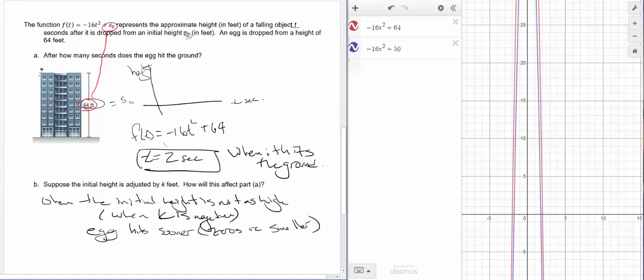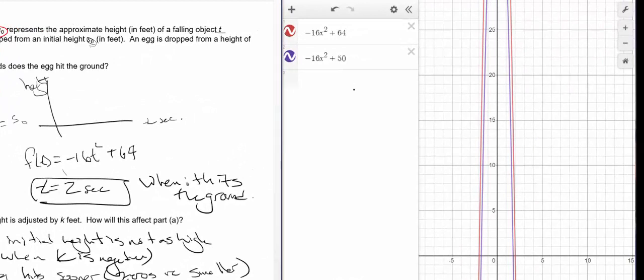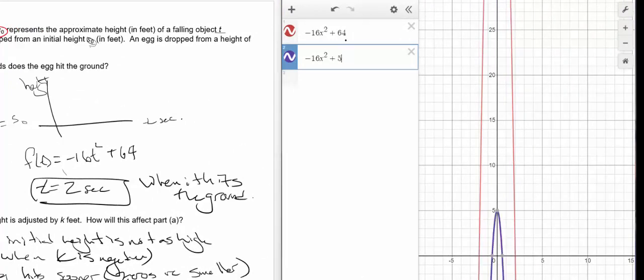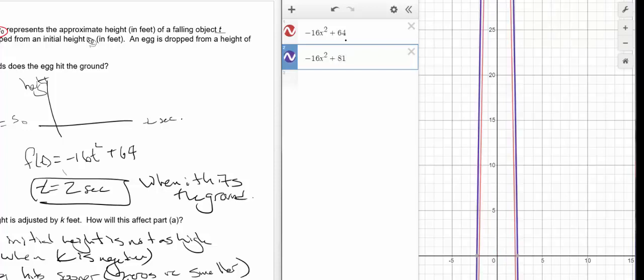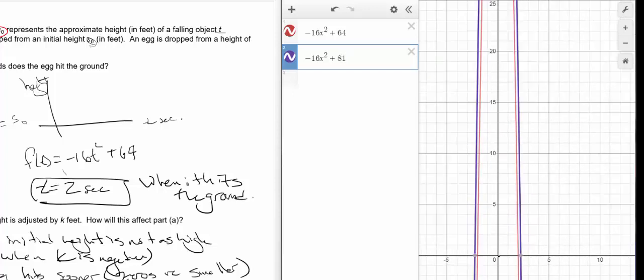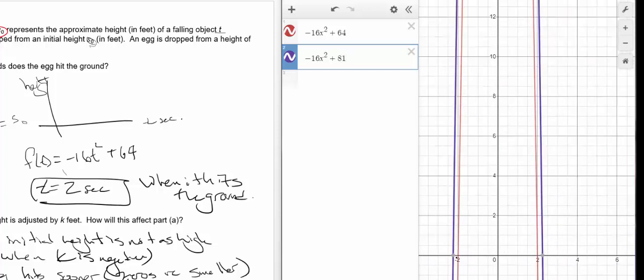And conversely, if we come back to the graph and instead of a number smaller than 64, we pick a number bigger than 64, how about we go up to 81? It now looks like our zeros are farther out, meaning it's going to take longer to hit the ground.